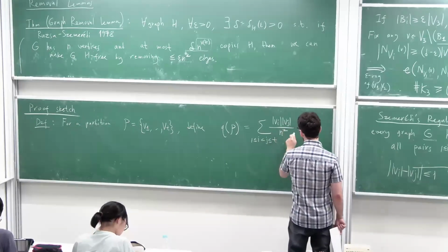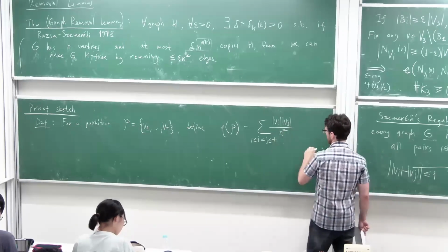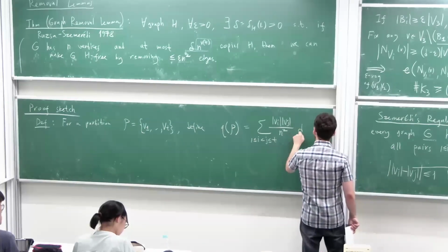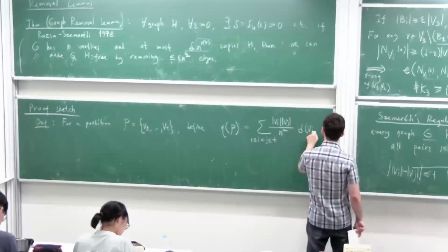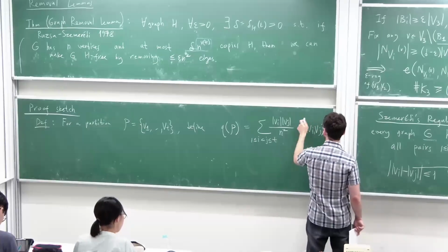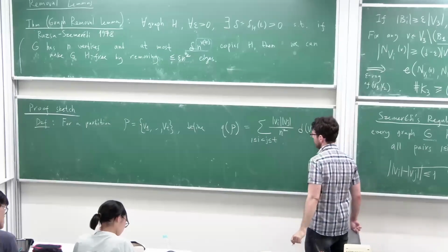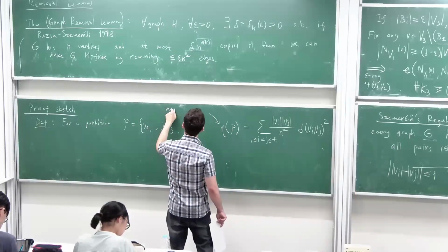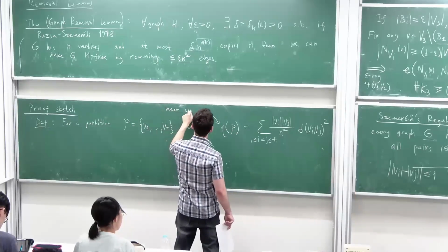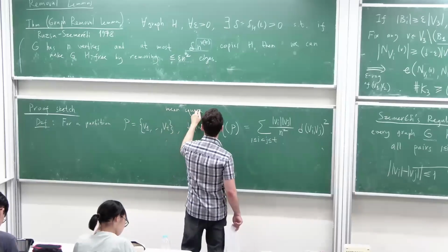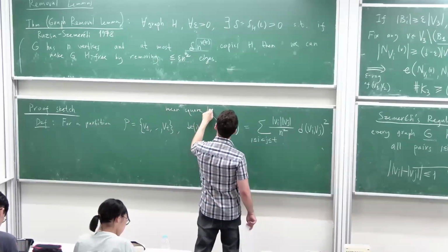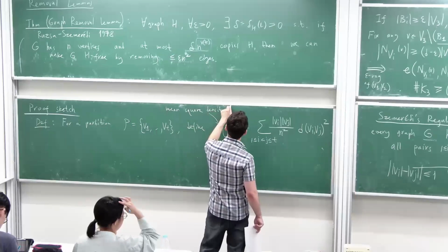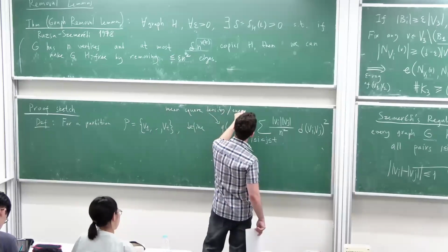So this is kind of the weight of the pair, and we multiply this by the density of Vi, Vj squared. This is an important function. This is called the mean square density. It's the mean or the average of the square of the density, sometimes called energy.